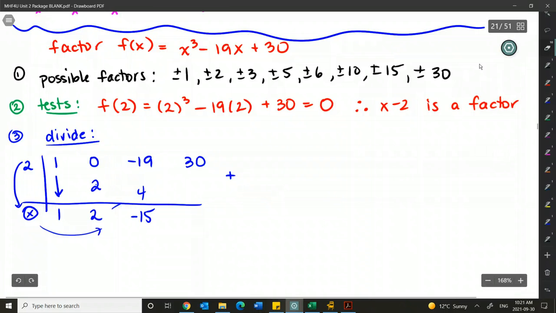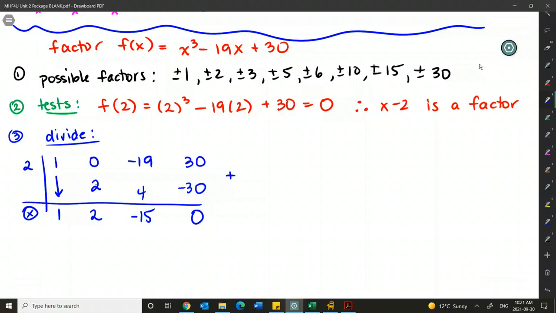And one more time, multiply. 2 times negative 15 is negative 30. And we add. If you've done it right, the remainder should equal 0 because we already calculated it up here. If I actually found a factor, the remainder must be 0. So there's our remainder, our constant, our x term, and our x squared term.